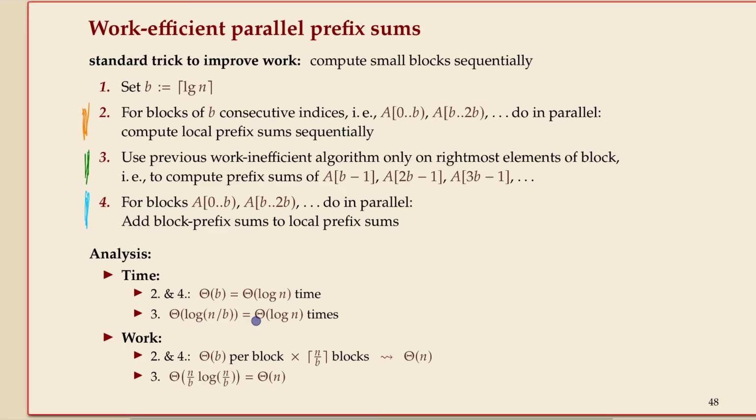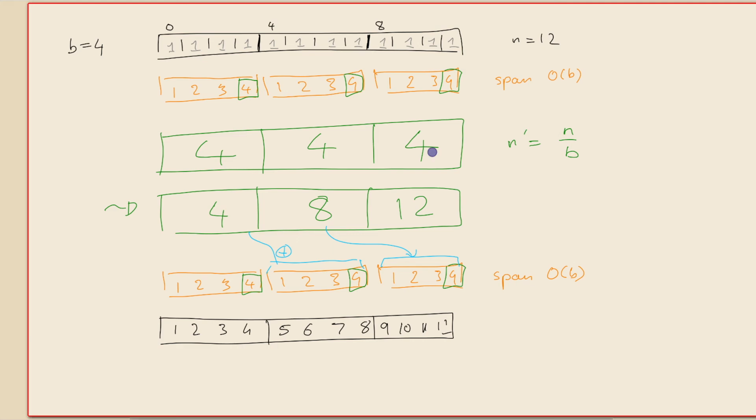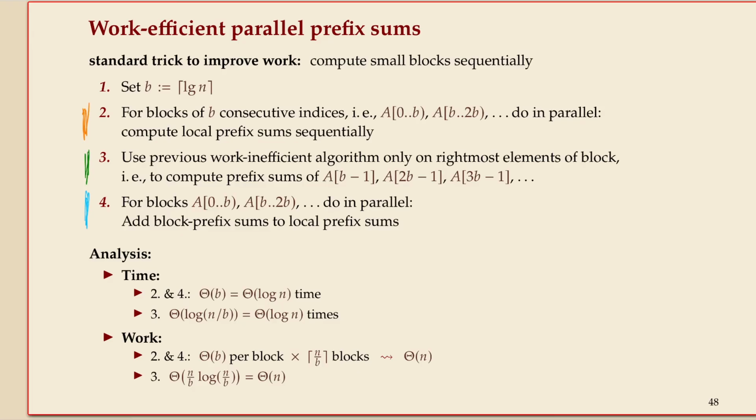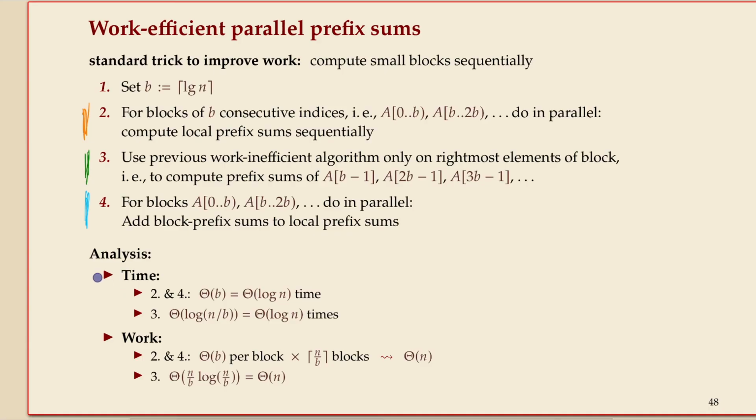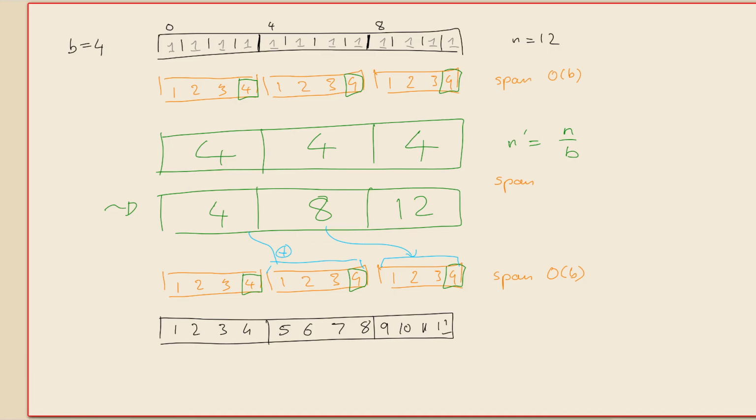The interesting part for time is the third part. So here the span is, okay, let's use orange for span, even though that's a little confusing maybe. The span of this step is whatever the span of the prefix sum algorithm is.